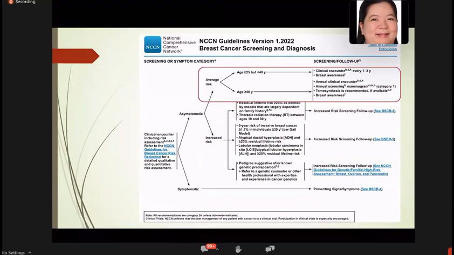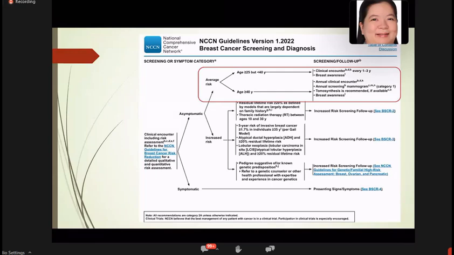Greater than 40, less than 40, but not less than 25. Okay? So patients who are 25 to 40 years old, okay, what do you advise them? Yearly clinical breast examination or clinical visits every 1 to 3 years pa nga, and monthly breast awareness.